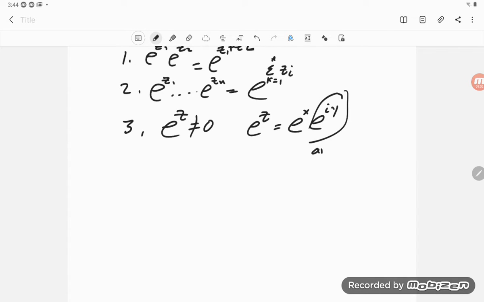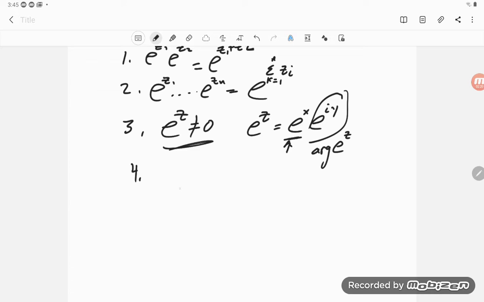This is arg e to the z, and so this is the modulus, and that is never 0. E to the x is never 0, because that's just real numbers, right? And so that's never 0, so there is no way to make that thing 0.